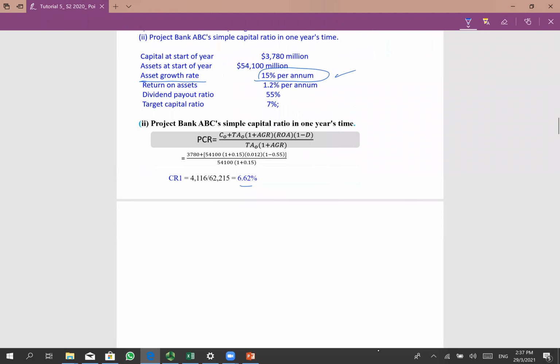So they give us this, what you call projected capital ratio. You can call it projected capital ratio, or you can call it capital ratio in year one, whatever you like. And it is actually the capital at the beginning of the year over the assets at the beginning of the year.